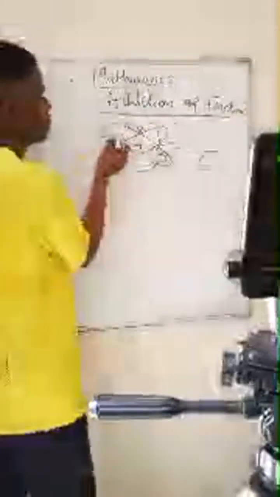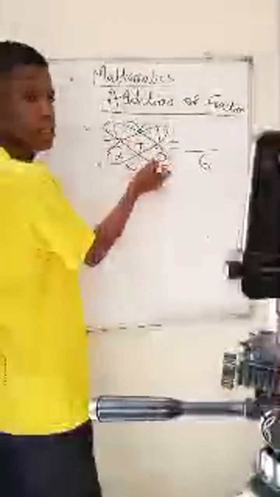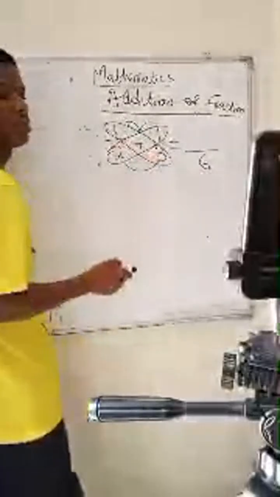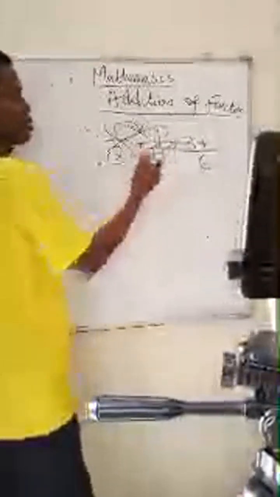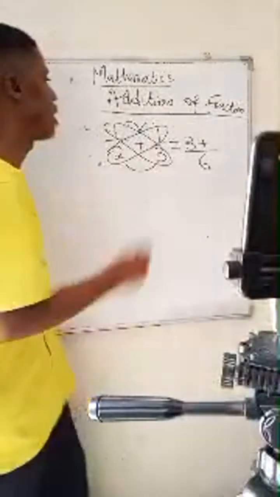So you have 6. The next step is to multiply these two diagonals. 3 times 1, starting from the left. 3 times 1 is what? 3, correct? 3 plus, then multiply diagonally again. 2 times 1 is what? 2 times 1 is 2.